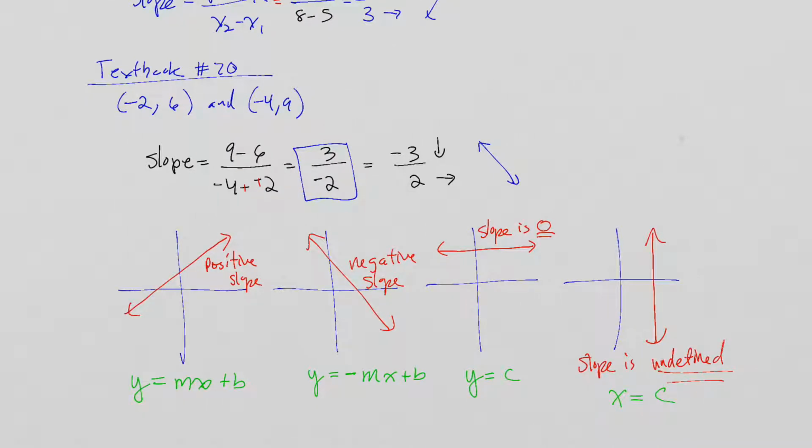When the equation is by itself, just a variable with just a number, no x, y with just a number, that is no slope, I mean 0 slope, so it's a flat or horizontal line. And then if the x is by itself with just a number, it's a vertical line.